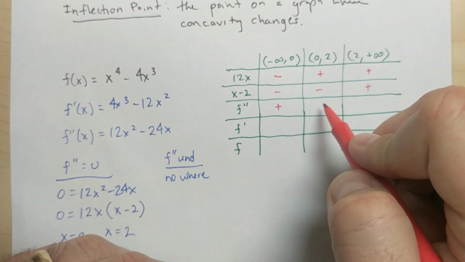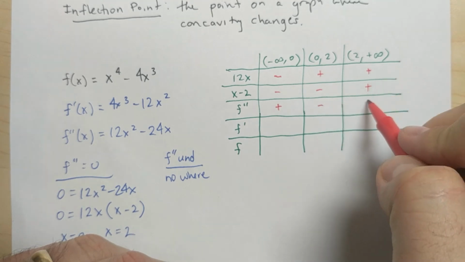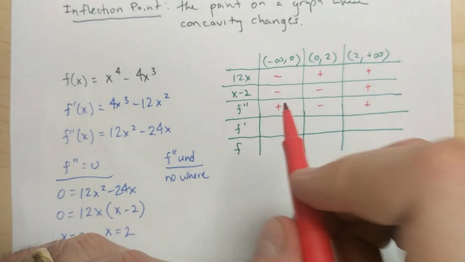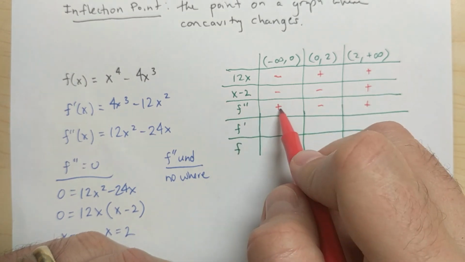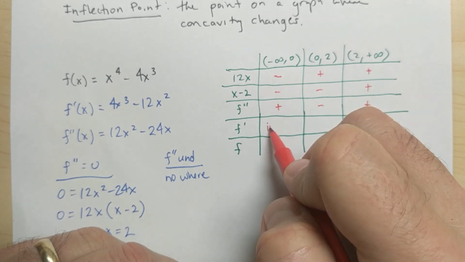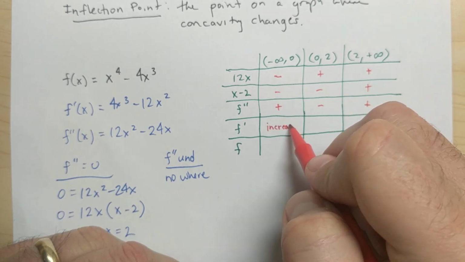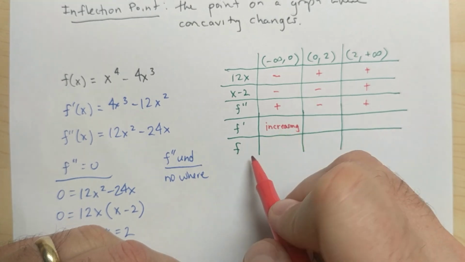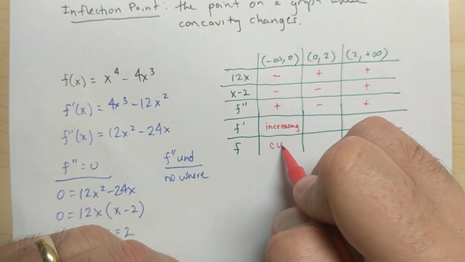Positive, positive. Okay, so on the first interval f double prime is positive. That means f prime is increasing. If f prime is increasing, that must mean f is concave upward by the definition.